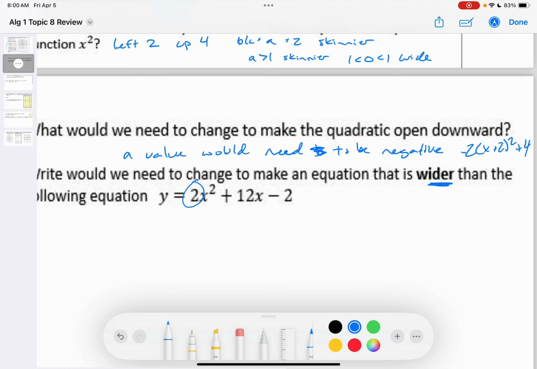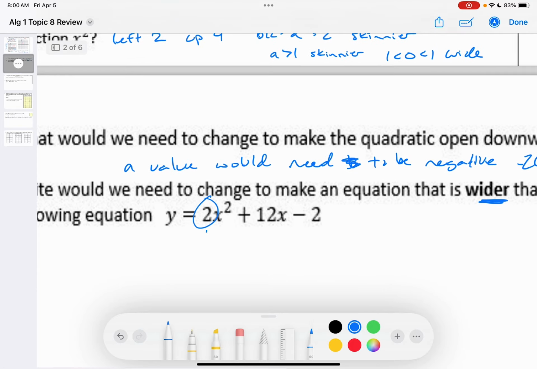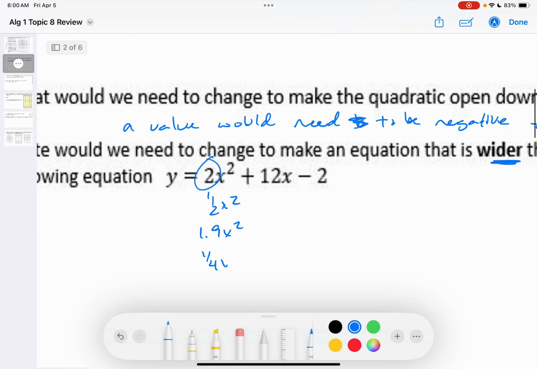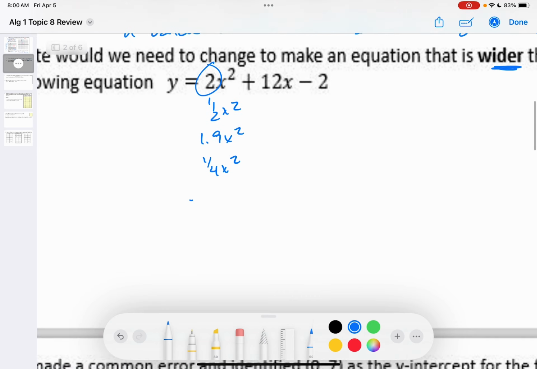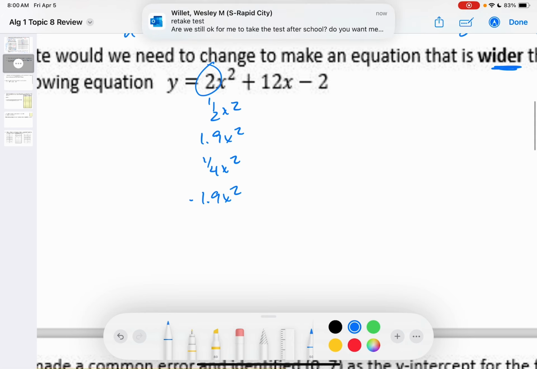Anything smaller than 2 here. So 1/2 x squared would be wider. 1.9 x squared would be wider. 1/4 x squared would be wider. We could even get into negative 1.9 x squared would be wider.